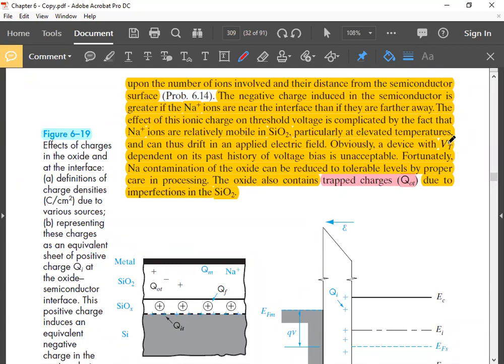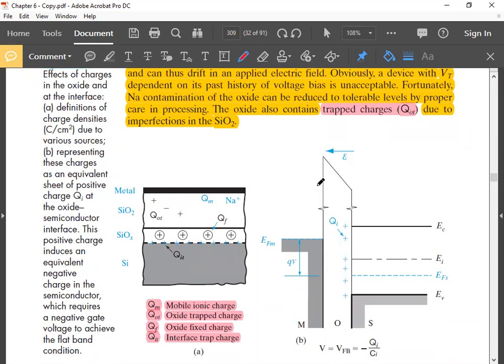Obviously, a device with VT dependent on its past history of voltage bias is unacceptable. Previously, if you have applied plus-minus, then the ions will be here. Now, if you withdraw the voltage, the ions will still remain here, so their effect will be more prominent here.